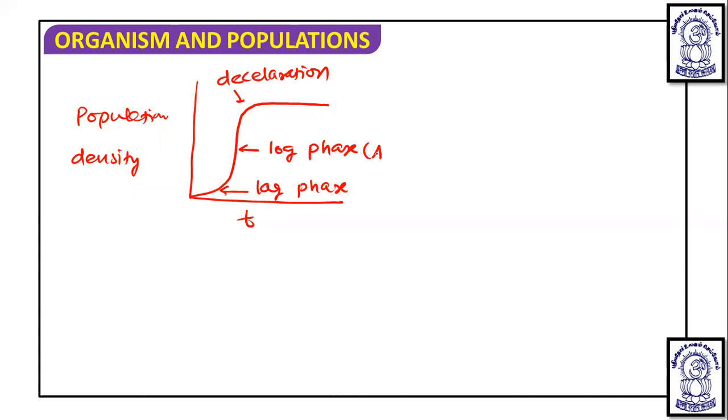In the log phase, acceleration will occur, meaning the population will increase. From here the population gets decreasing, and finally the stationary or asymptotic condition will come.